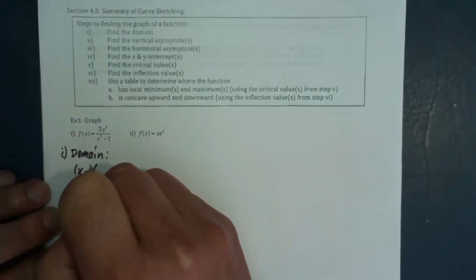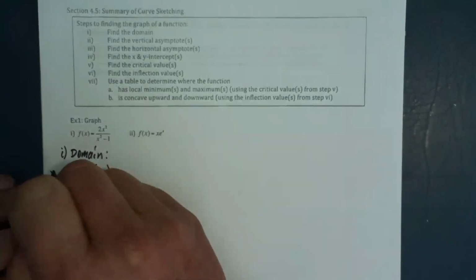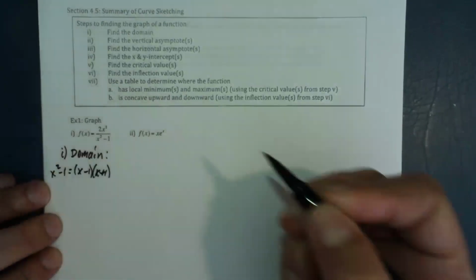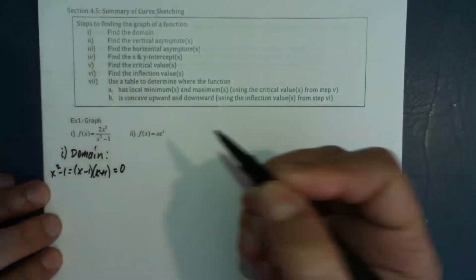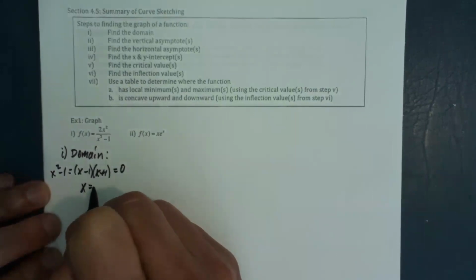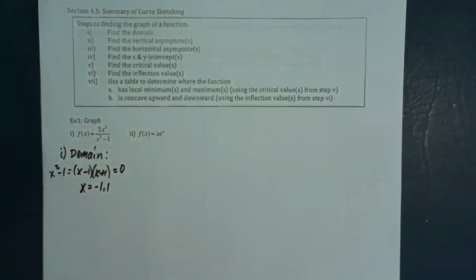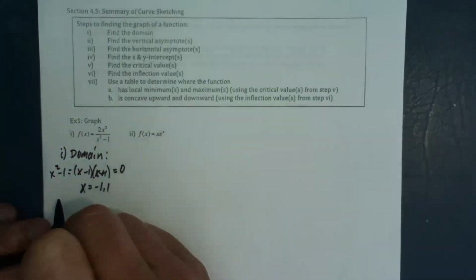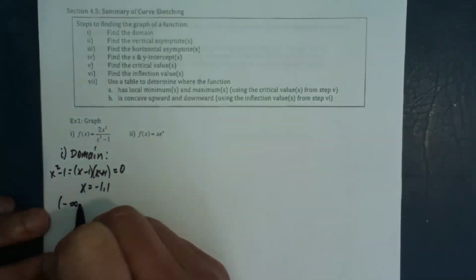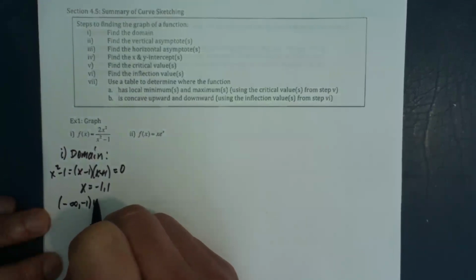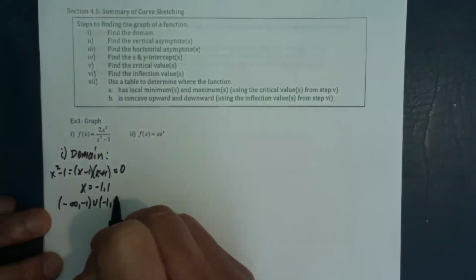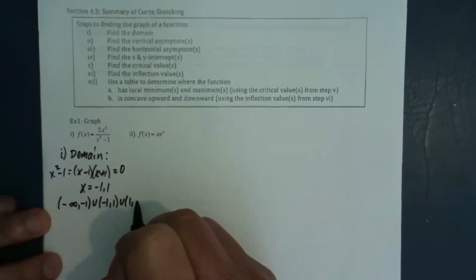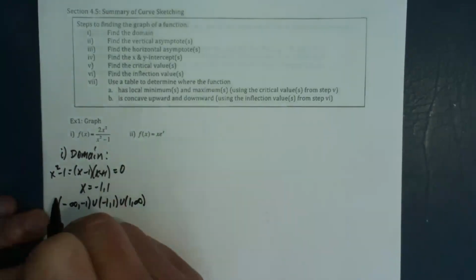So we take the x squared minus 1 denominator, (x minus 1)(x plus 1), and set that equal to 0. We can see that we have issues at -1 and at +1, meaning these values are not in the domain. So in interval notation, that would look like this, for the domain.